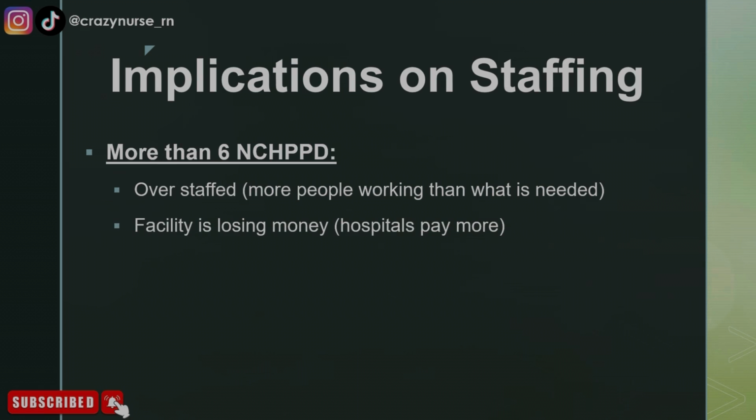That also means that the facility or the hospital is losing more money. Hospitals pay more. Remember that hospitals and healthcare institutions are also businesses. So we work within a budget. We make sure that we are within the budget, and also that we are paying what is just enough for the census that we have.